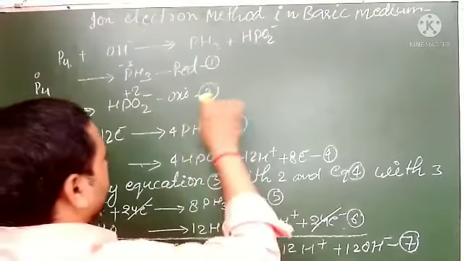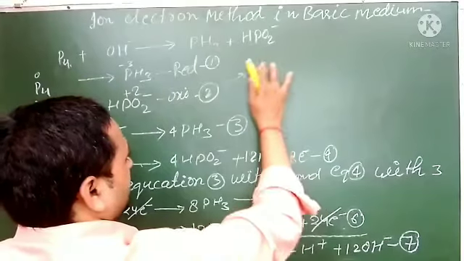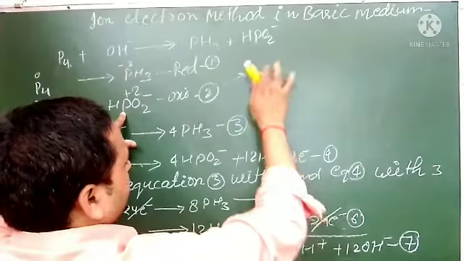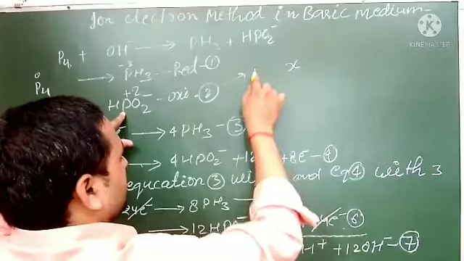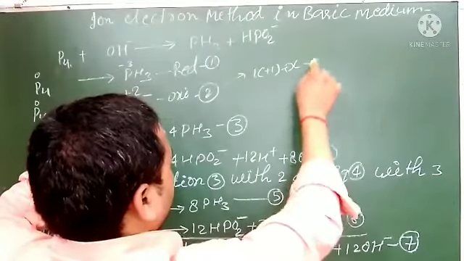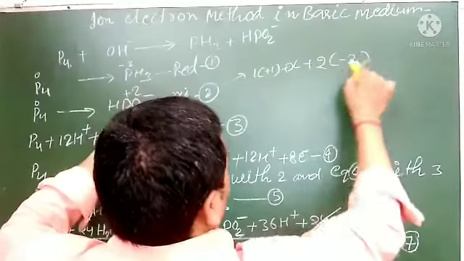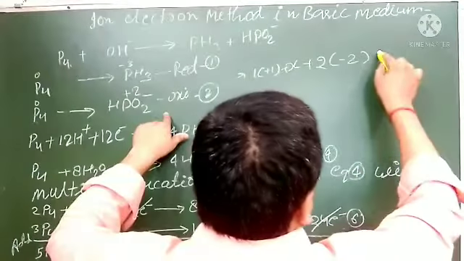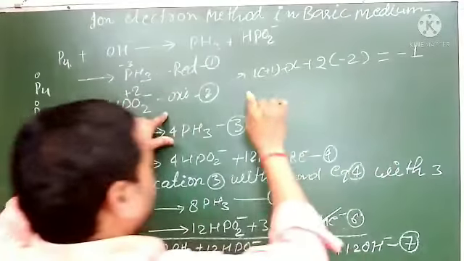Some students may have confusion, so I am solving it here. Let the oxidation state of P be X. Hydrogen is +1, so plus X, plus oxygen, 2 atoms with oxidation state -2, equals -1.